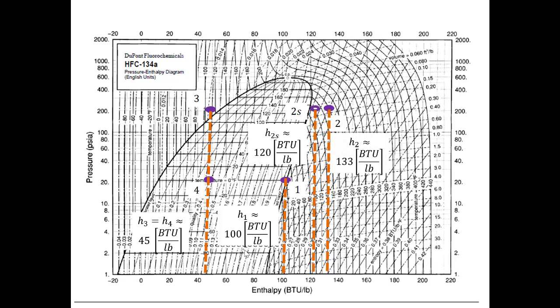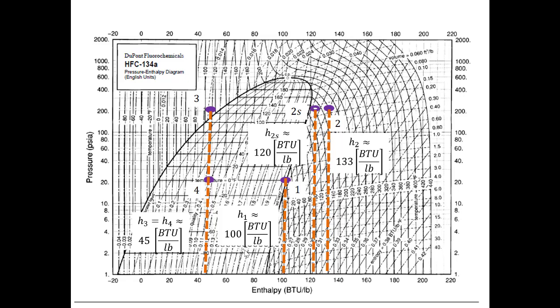Now remember, I could get more accurate readings if I do linear interpolation in the table. But I can't mix graphical specific enthalpies that I get from this chart with enthalpies that I fix from the table. If I do, I'll get bad answers because the 0 point for the specific enthalpy on the table is not the same as the 0 point for the specific enthalpy on the chart.